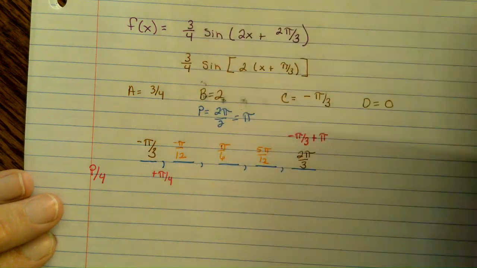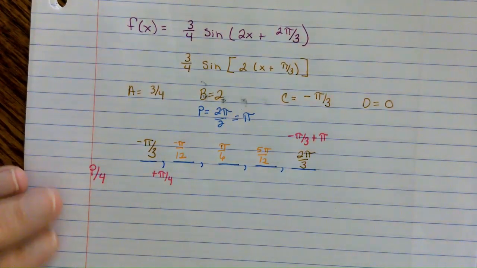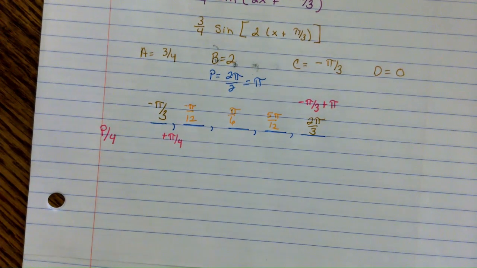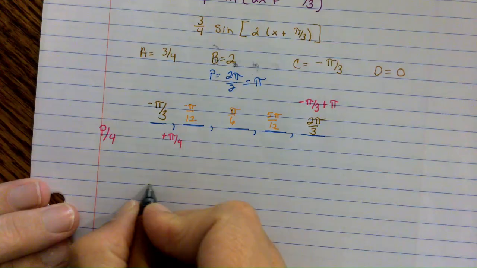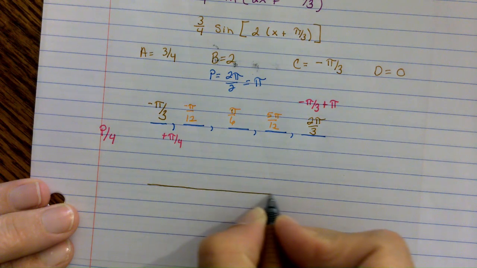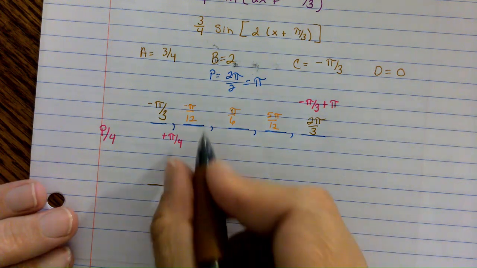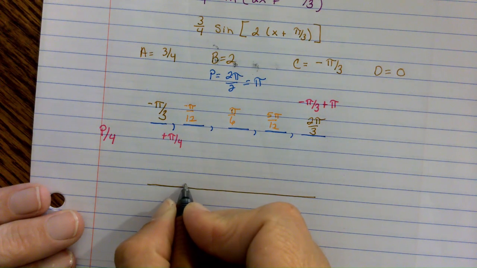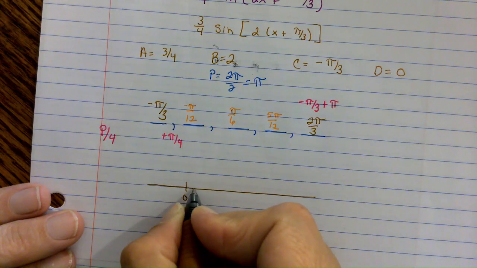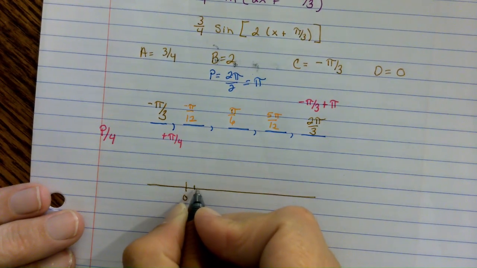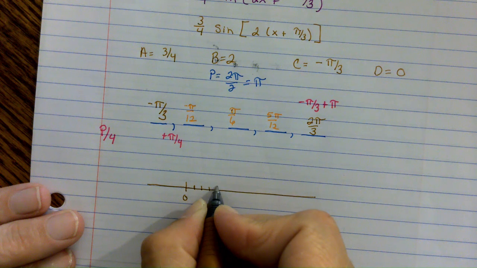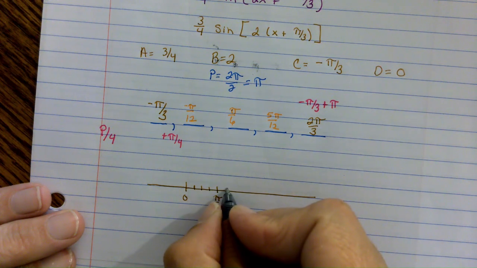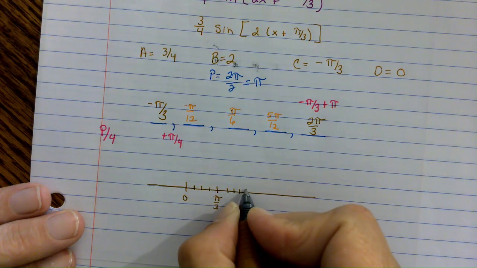It is. Okay, so what should we number by? Well, the common denominator is 12, so I'm going to number by 12ths. 1, 2, 3, 4 twelfths. That's pi over 3. 1, 2, 3, 4 twelfths.